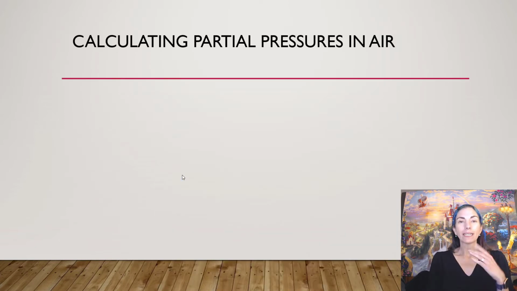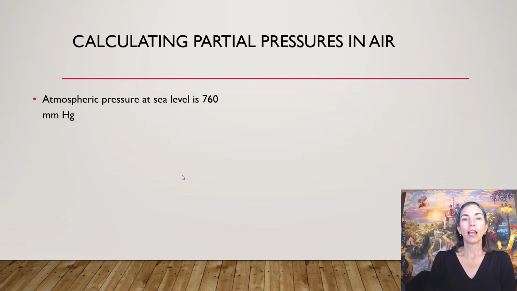So now let's get some practice calculating the partial pressures. Assume that we are at sea level. At sea level, the atmospheric pressure is 760 millimeters of mercury. That is the term that we use, millimeters of mercury, and 760 is kind of our standard sea level.